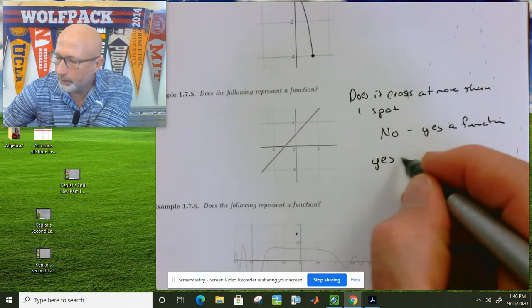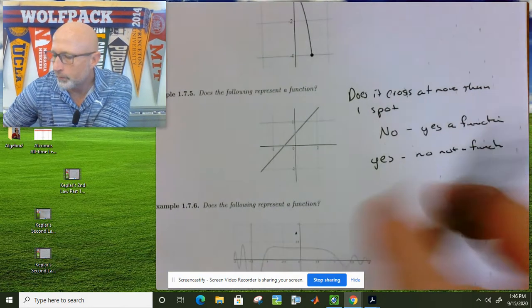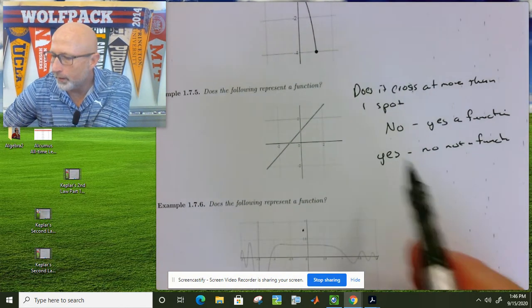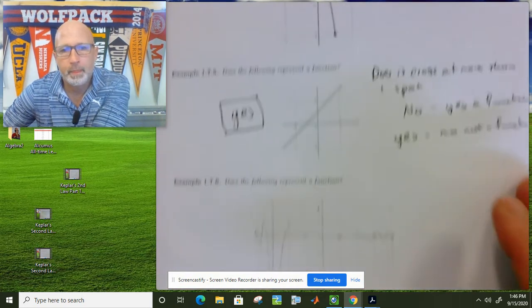If the answer is yes, then no, not a function. As you place it on here, as you can see, you go straight across. It never crosses in more than one spot, so no. So yes, this is a function.